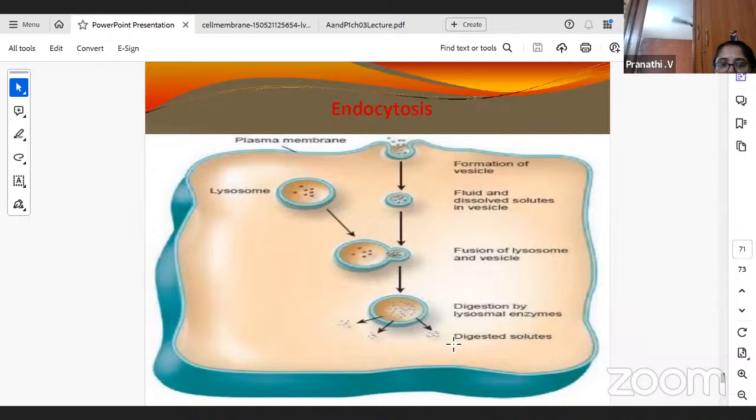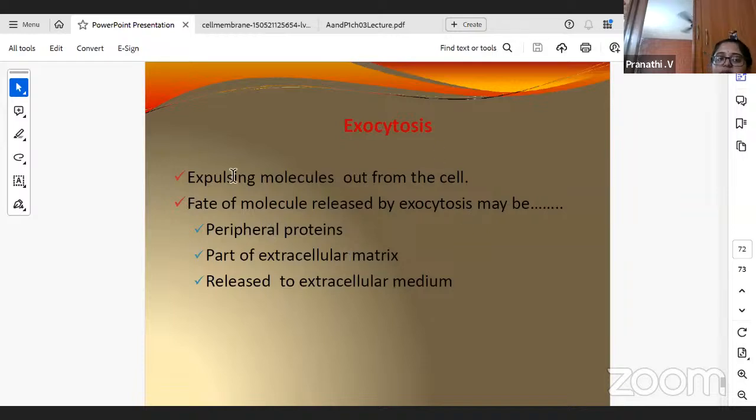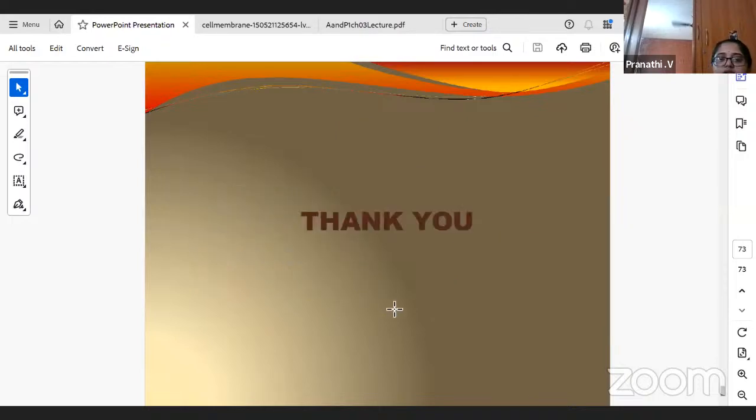All the digested solutes, if there is anything useful in it, will be released, or else it will come out again through exocytosis, the expulsion of molecules from the cells. It can be from the peripheral proteins, the ECM, extracellular matrix, or it will be released into the extracellular medium.